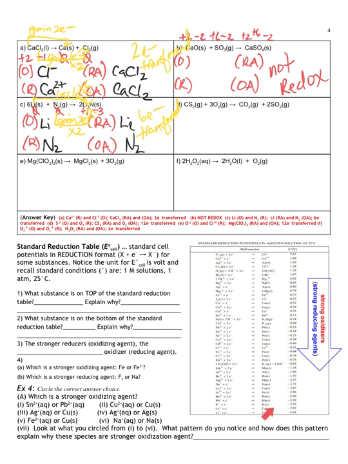So this is a standard reduction table. Let's look at the word standard reduction. Standard means we're at 25 degrees Celsius and 1 atm of pressure and 1 molar solutions, if there are solutions. Reduction means you're adding electrons, so you're gaining electrons.